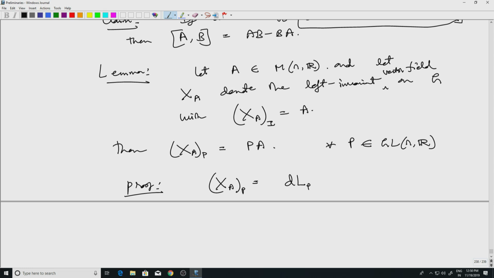By definition of the left invariant vector field with value A, X_A at P is equal to DL_P at identity acting on A, the value of X_A at identity, which is A. This is by left invariance.